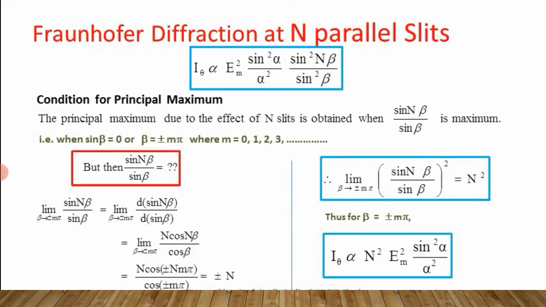Therefore, the limit as beta tends to plus minus m pi of (sin n beta upon sin beta) squared is equal to n squared. Thus, for beta equal to plus minus m pi, the intensity I theta is directly proportional to n squared Em squared sin square alpha upon alpha square.